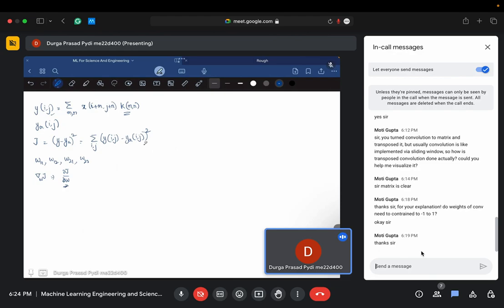So we use the chain rule. First you do it with respect to y, and then you apply y with respect to w. Just to stick with the notation, you have several values of i and j. So if I want to do it for a particular value of m and n, it's going to be a summation over i comma j.